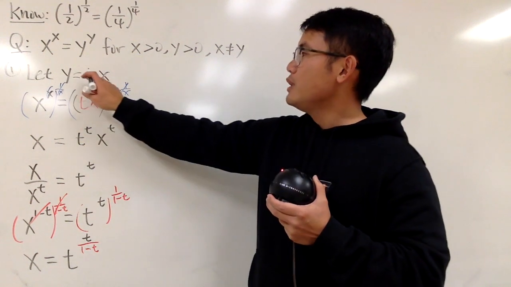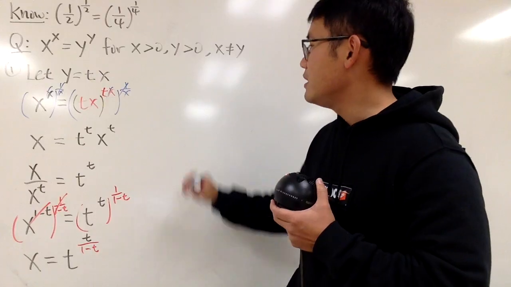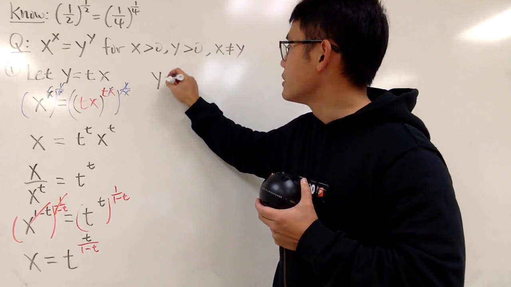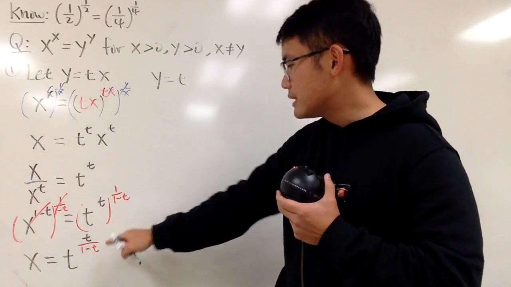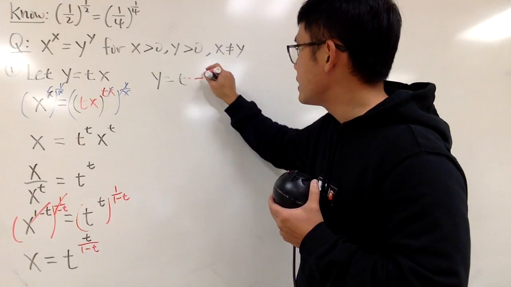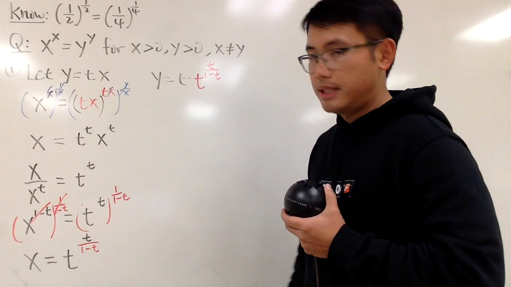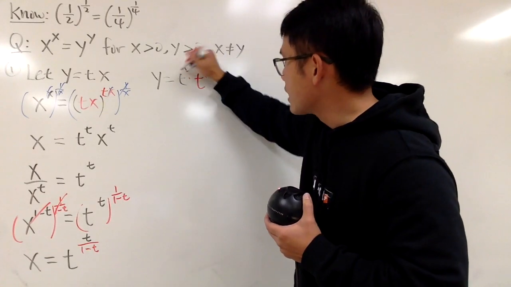Well, we know y is equal to t times x. We have x already in terms of t. Therefore, y will just be t times that x in terms of t. Namely, you can just put down t raised to the t over 1 minus t. And of course, you can just combine the exponents.